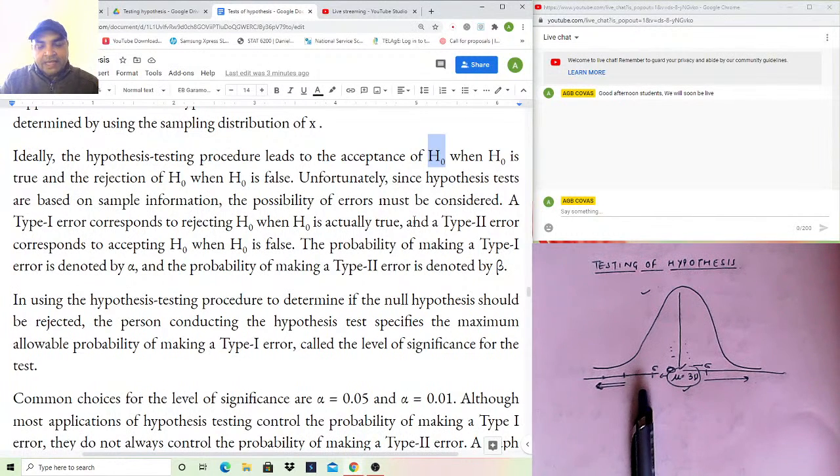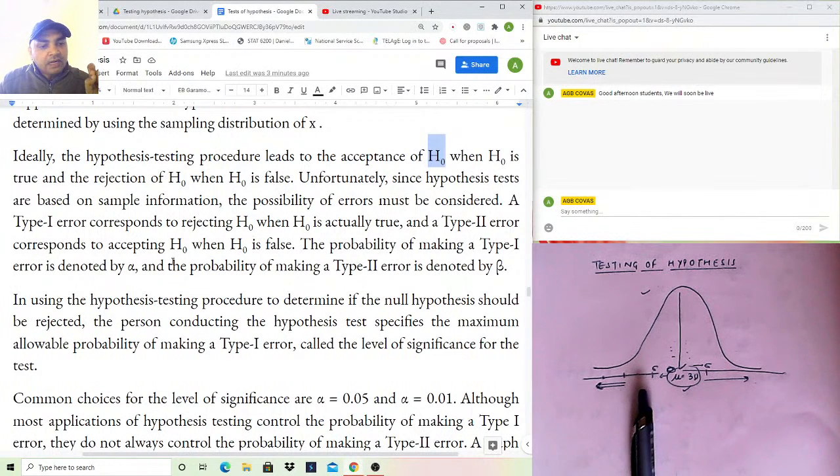Some of the samples will have a statistic equal to the population parameter, whereas others will vary from it. So it is not necessary that you will get the same result, right? So there is a possibility of errors.